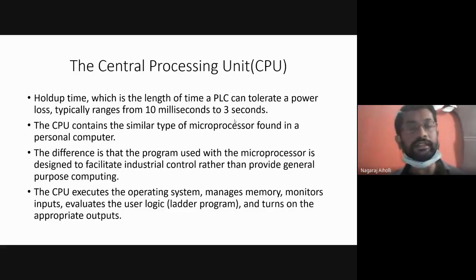The CPU contains a similar type of microprocessor found in a personal computer. What is the main difference between the CPU of a personal computer and the CPU of your PLC?